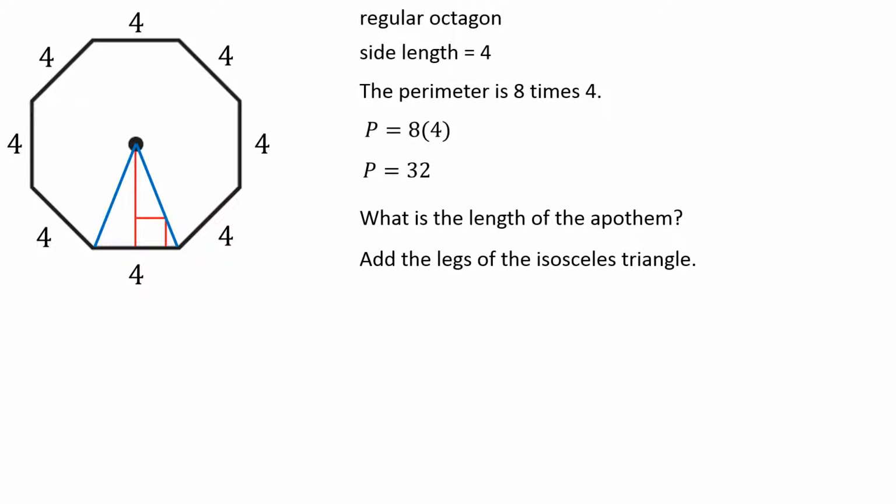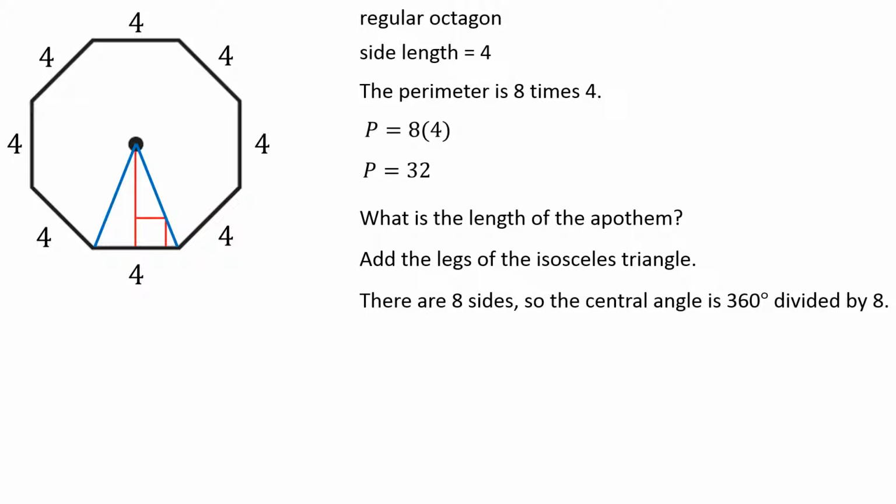Well, I've got an isosceles triangle here. And the easiest thing to figure out is going to be that central angle. There are 8 sides in an octagon. So I need to do 360 degrees divided by 8, and I get 45 degrees.